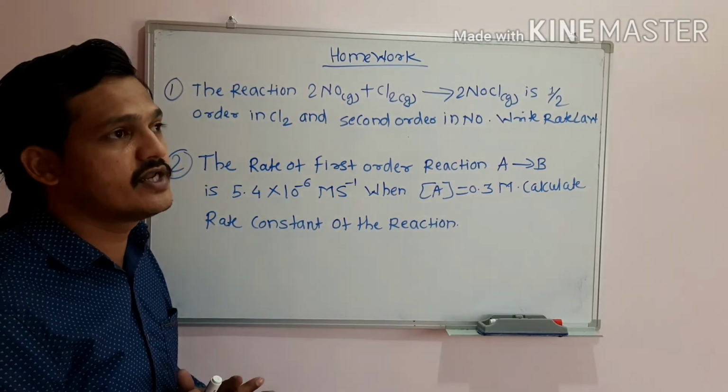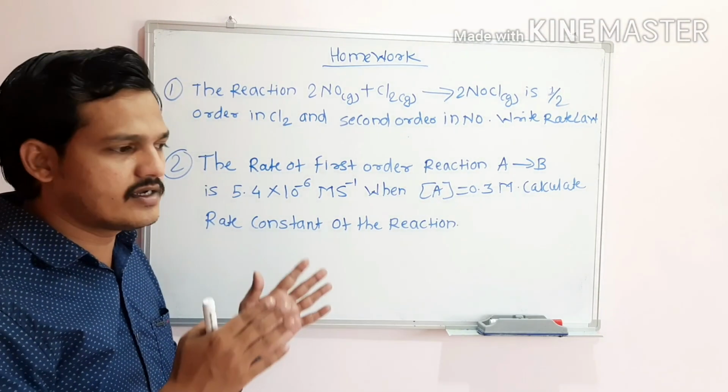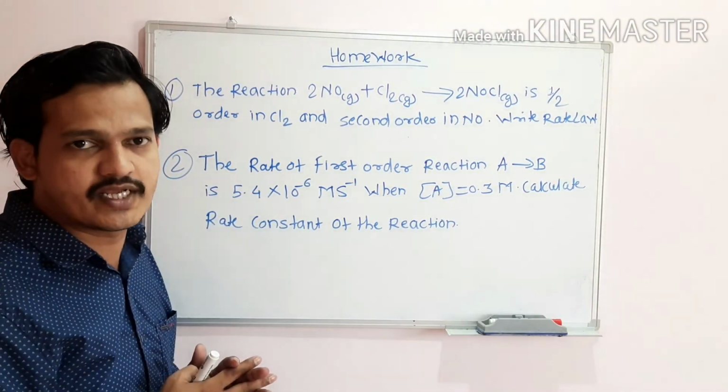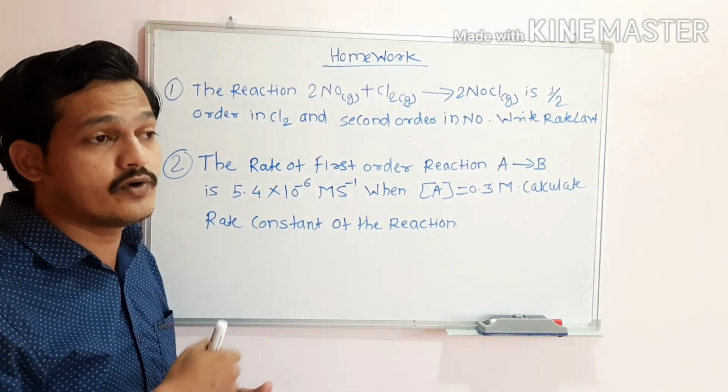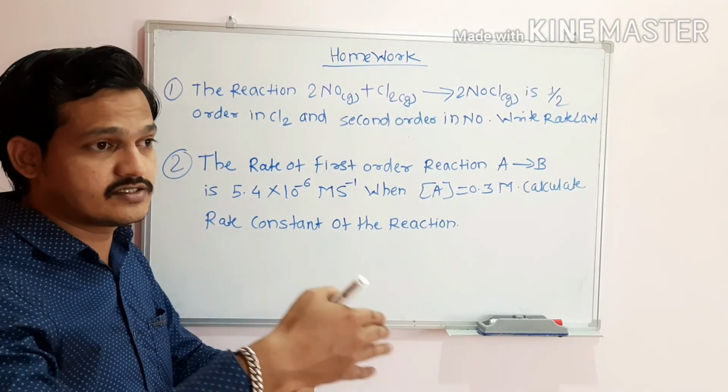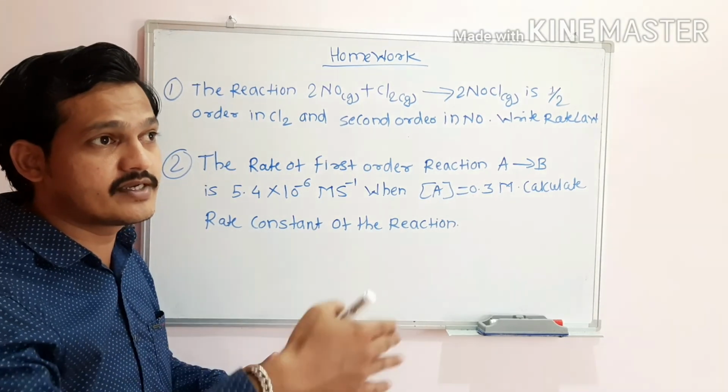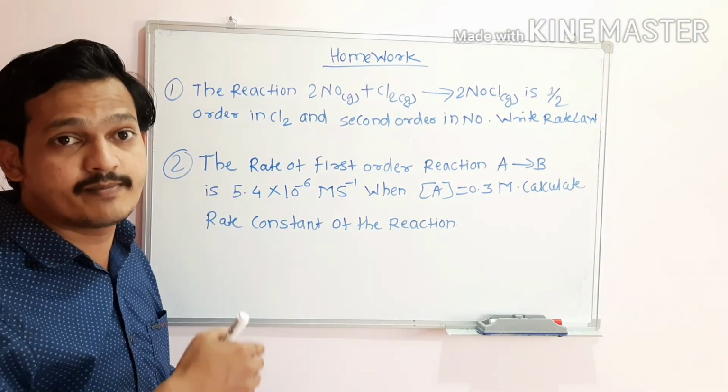Now in this video lecture, I am taking easy to average numericals. In our next video lecture, we are going to increase the difficulty level one by one, step by step.